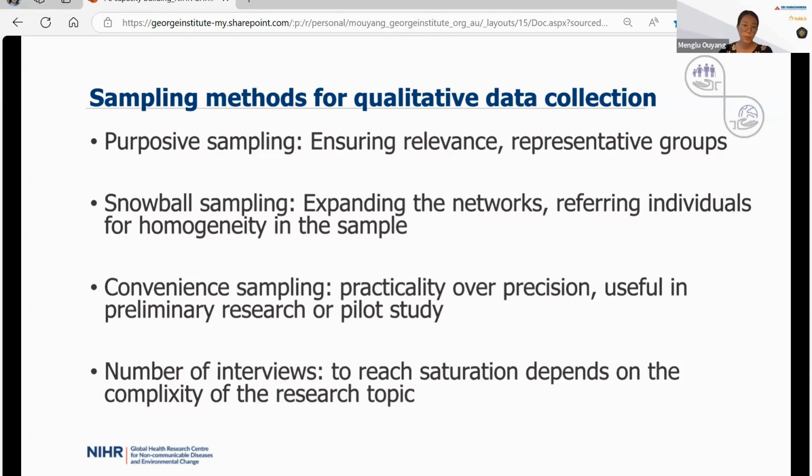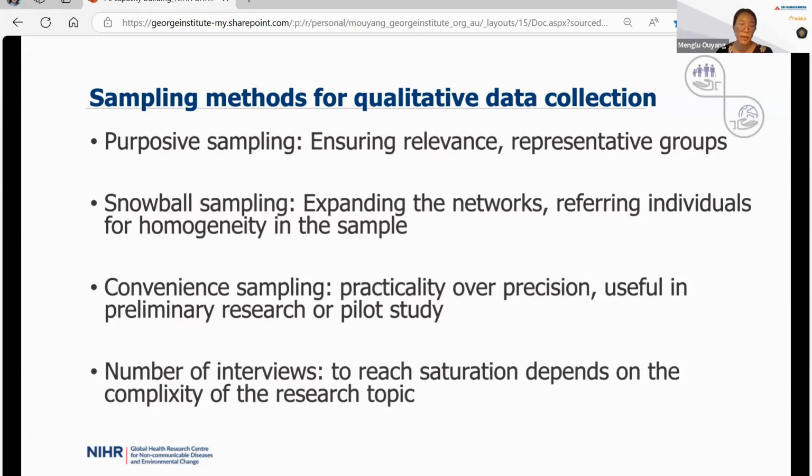And the most convenient one would be convenience sampling, which depends on who is available and who is convenient to be invited or to participate in the data collection. And this one is usually used for some pilot study or preliminary research.